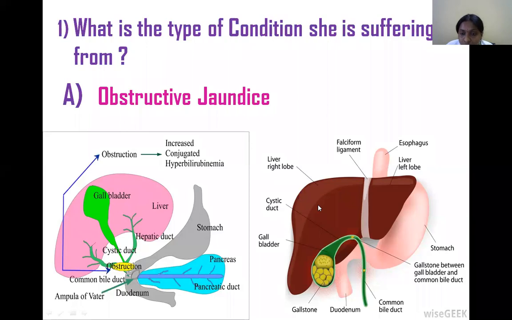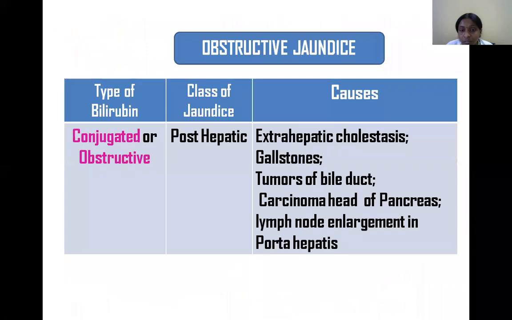Clay colored stools are formed due to the absence of stercobilinogen. In obstructive jaundice, the type of bilirubin is mainly conjugated bilirubin. The class of jaundice is post-hepatic jaundice.